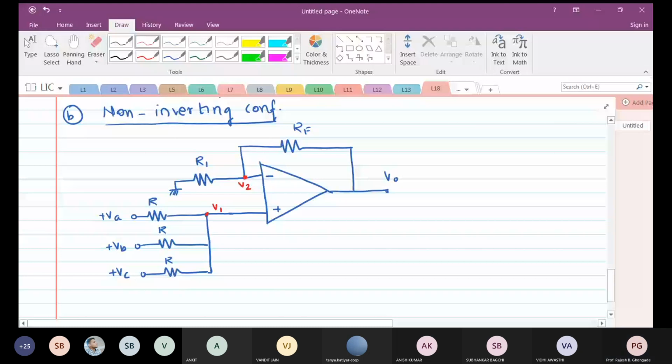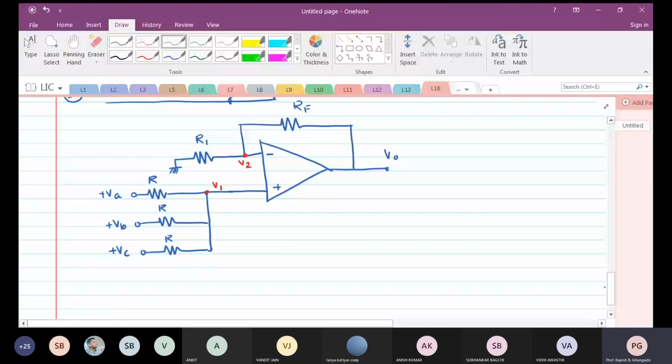Now here, the derivation is slightly different. First of all, what is the input impedance looking into this branch? Is it going to be very high or very low?